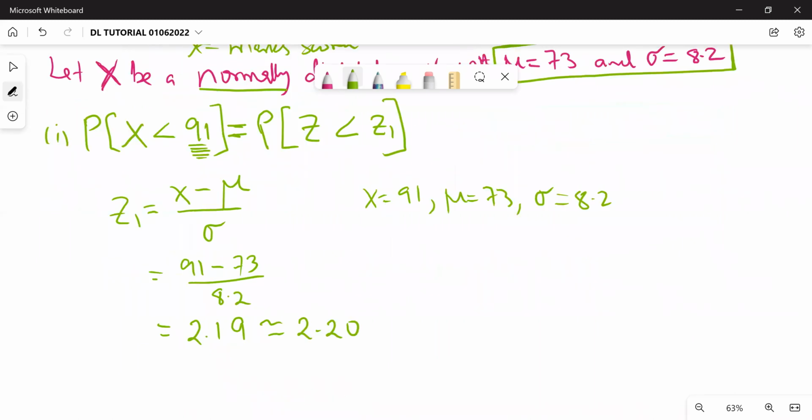So the question we are trying to answer is the probability, I'm just trying to write this now without using Z1, using 2.20: Z is less than 2.20. That's the question we are trying to answer.